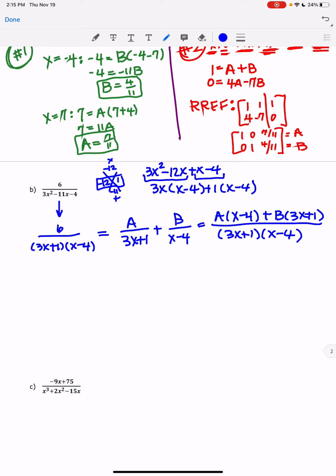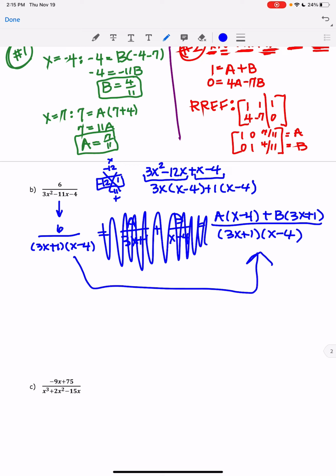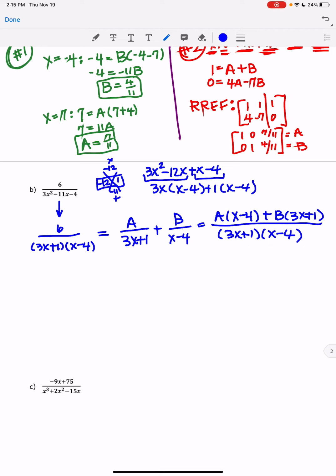Okay, so after we do that, we're kind of not looking at this middle section anymore. These two here equal each other. Notice they have the same thing on bottom, so those cancel, and I'm just left with what's on top. So I have 6 equals A times x minus 4 plus B times 3x plus 1.